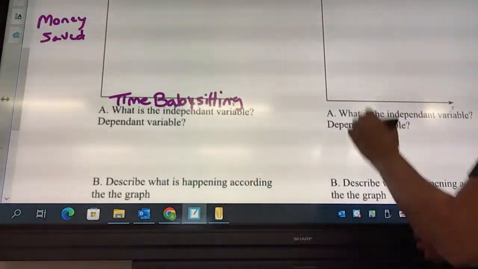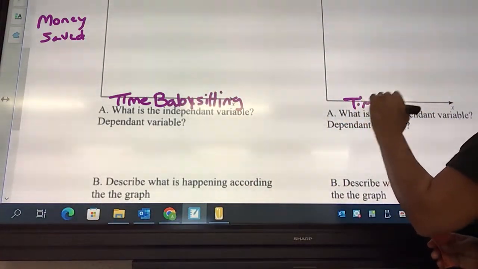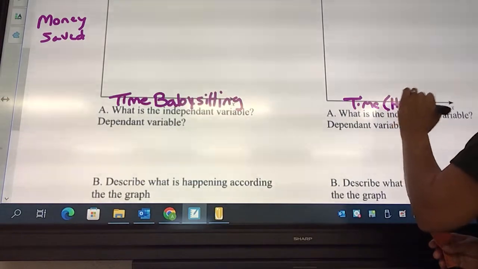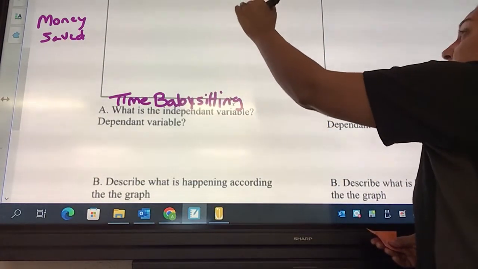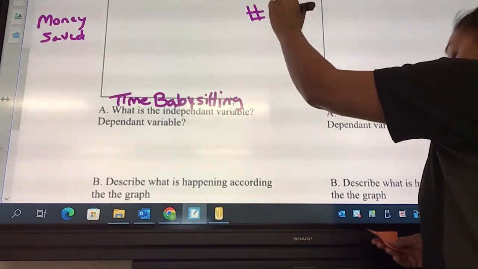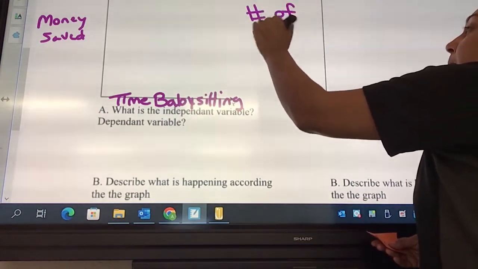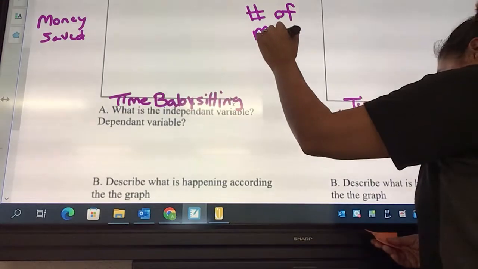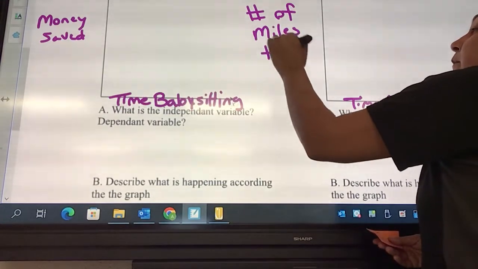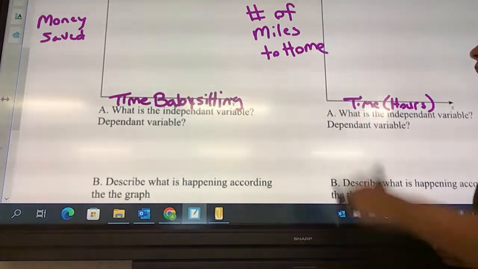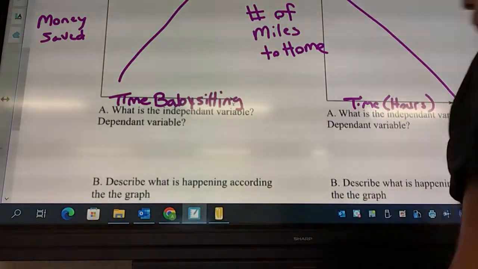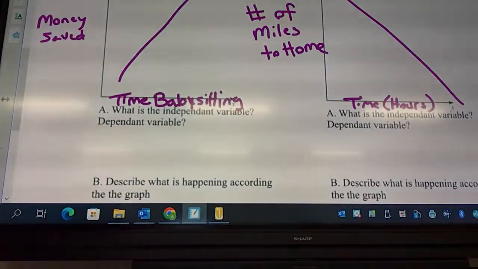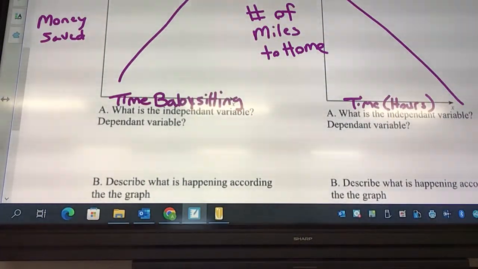And then on this one, we got time and hours, and then the number of miles to home. And this one's going to be going up, and this one's going down. Take a second and make sure you write those down so I can scroll.